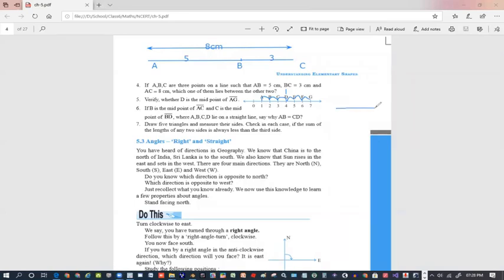So here it is AC, A, C, and B is the midpoint of AC. So here it is B. B is the midpoint of AC and C is the midpoint of BD. So here is C, the midpoint of B and D. It is D.